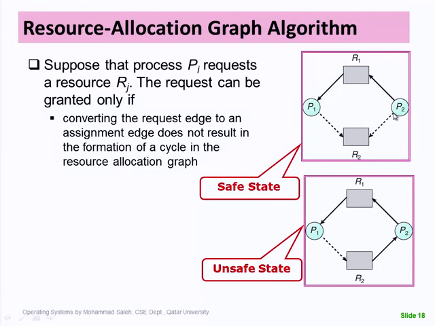However, if I have this, then I have a possibility of what? Deadlock. Because if process P1 here decided to request R2, then what would I have? I have already a cycle, and that is a deadlock.